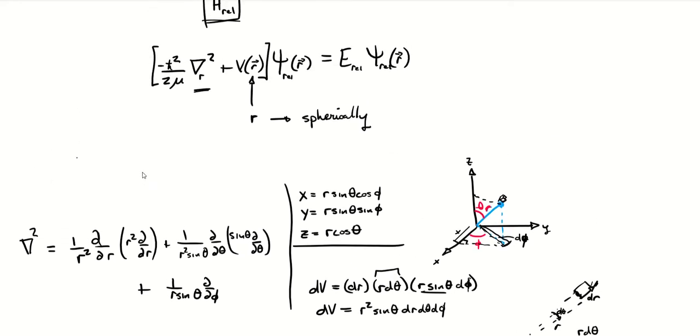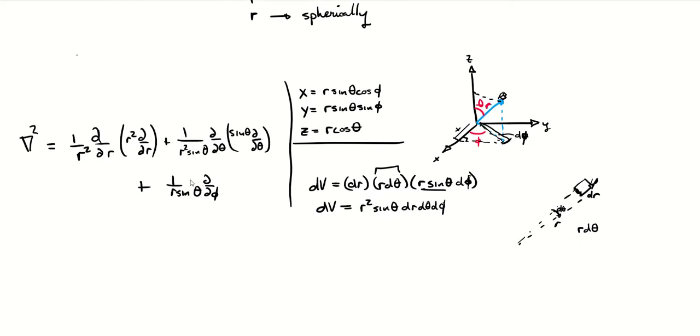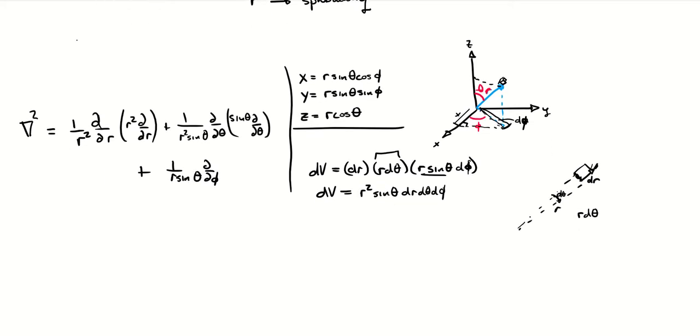So using these identities, we can now set up our differential equation we get from our energy eigenvalue equation in spherical coordinates. But before we do that, just quickly looking at this, I've forgotten to square everything on this last term in the Laplacian.